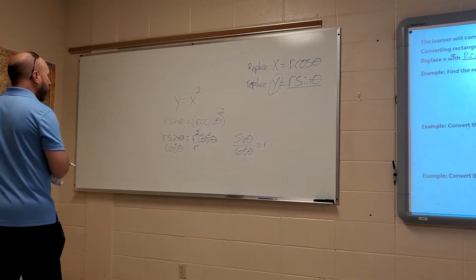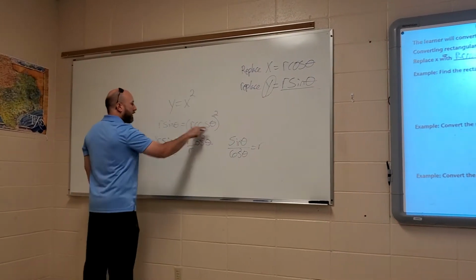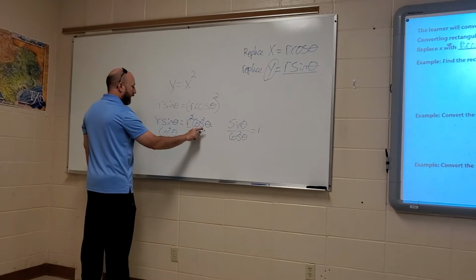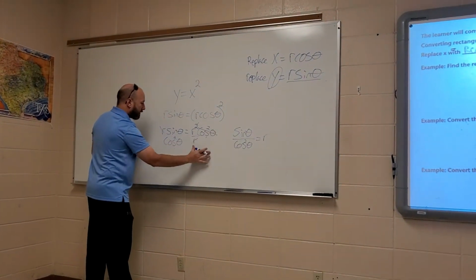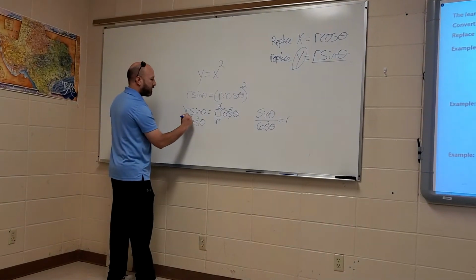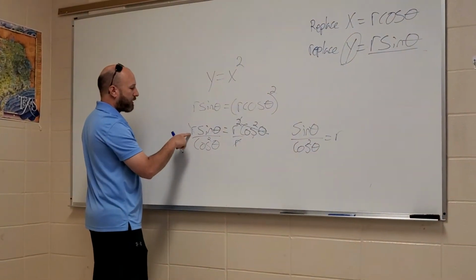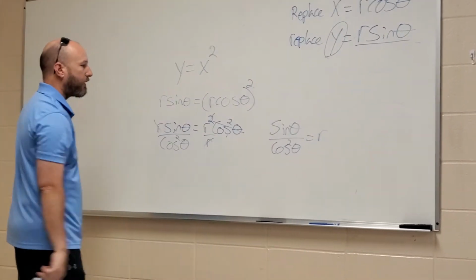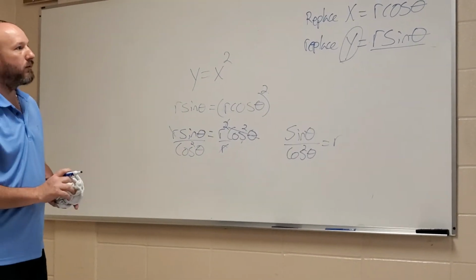So again, what I did, I squared both of these, r squared cosine squared, that gets rid of the square there. Okay? I divided by cosine squared, because I'm trying to get r by itself. So I divide by cosine squared. Okay? And then I divide by r, and that cancels that square, and you end up with just one r right there. Okay?